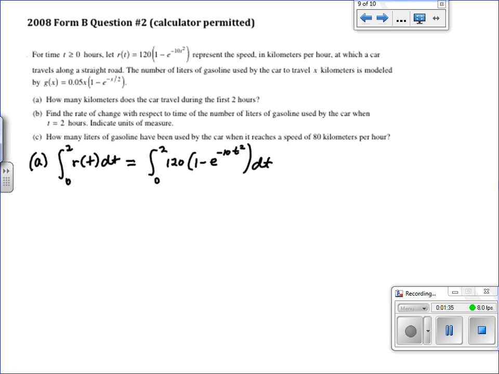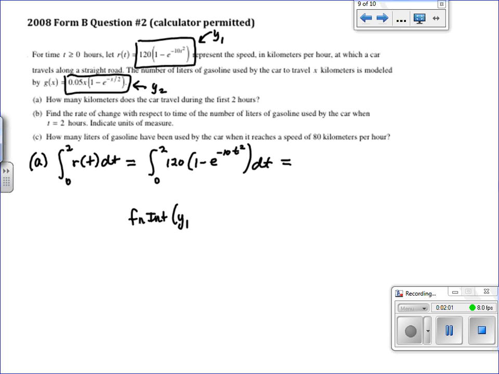Now, to make things even easier, I put this in for y1 and this in for y2 in my calculator. Since it's a calculator problem, that's probably going to save you a lot of time. The easiest way to integrate is to use your finite integration, fnInt.